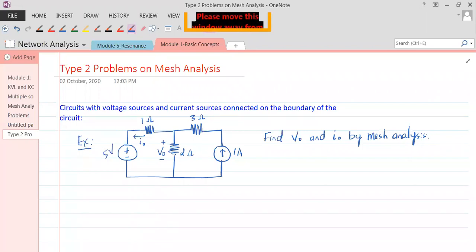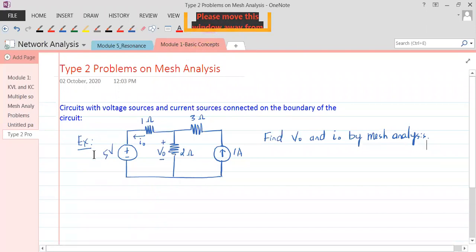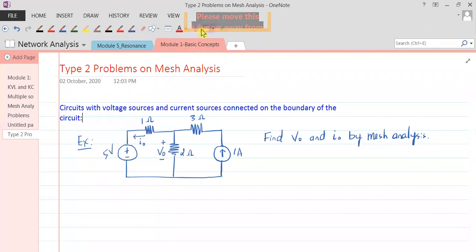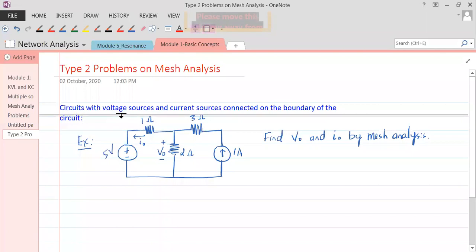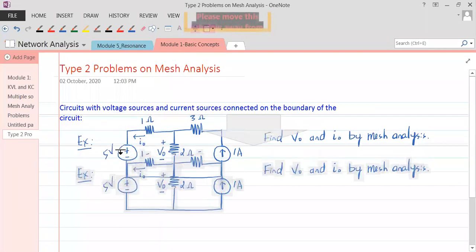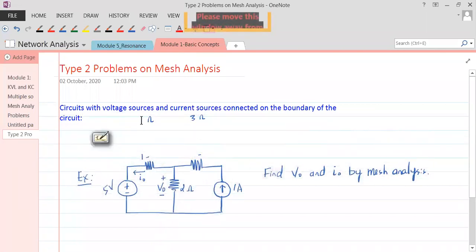Okay with this, everybody? Fine. This is the problem. Let's copy the same. Everybody do that. You can copy this. I'll take the same circuit again in the solution.